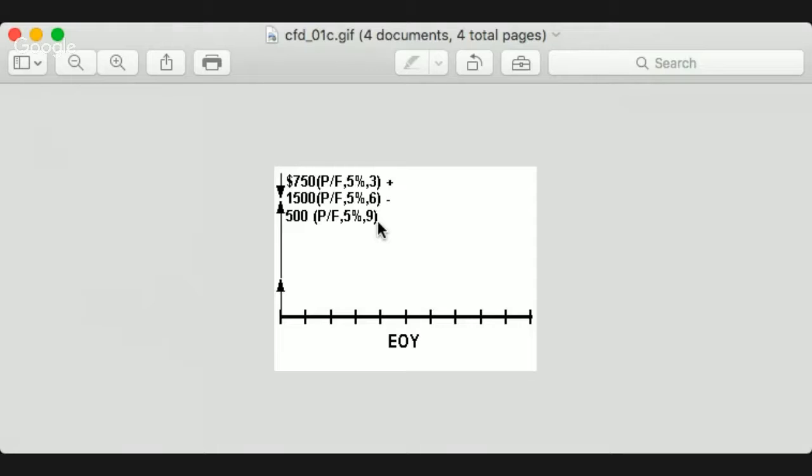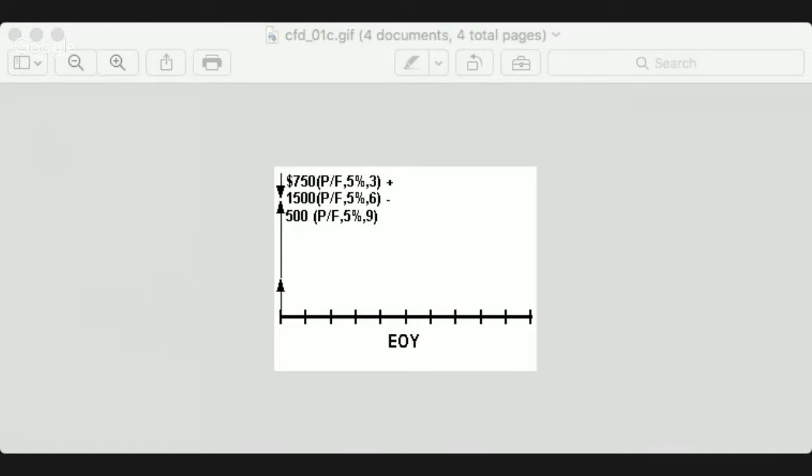And we would have then essentially converted the entire cash flow diagram from 3 separate cash flows to one cash flow at the end of year 0, which is the current value today.